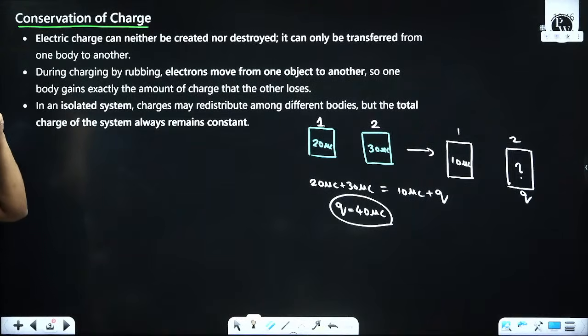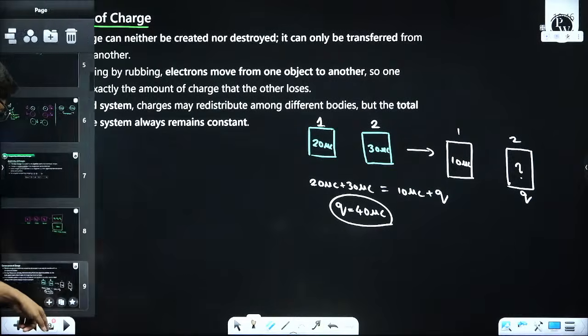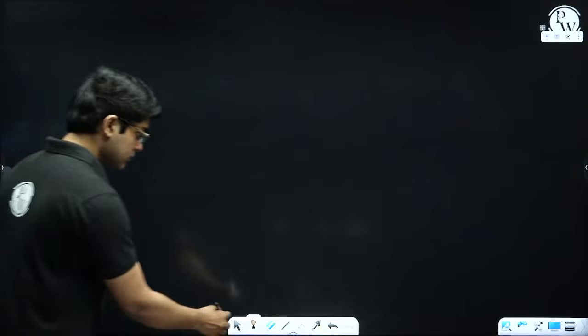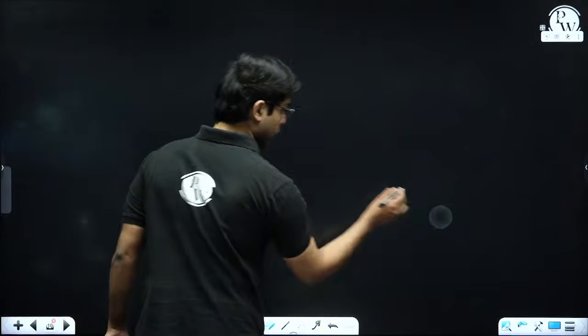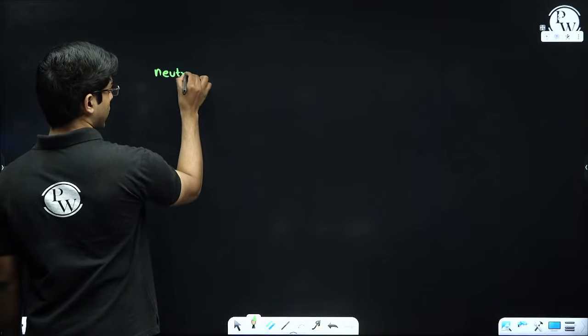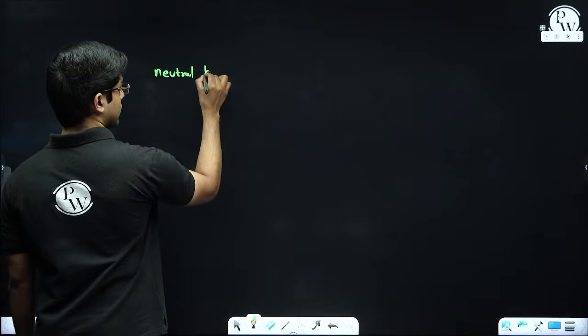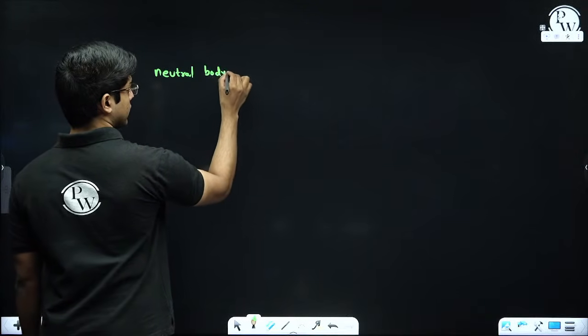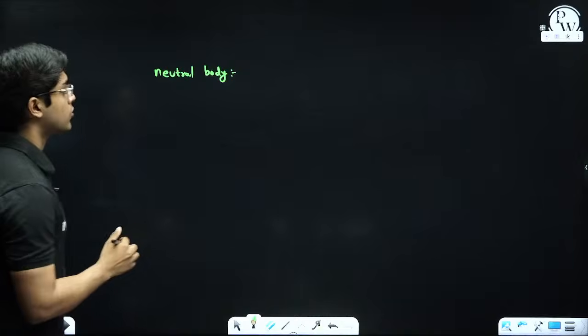Now, that is basically the idea of charge conservation. So now there is also another interesting thing, that is about neutral bodies. What do we mean by a neutral body? This is a confusion that some students have.